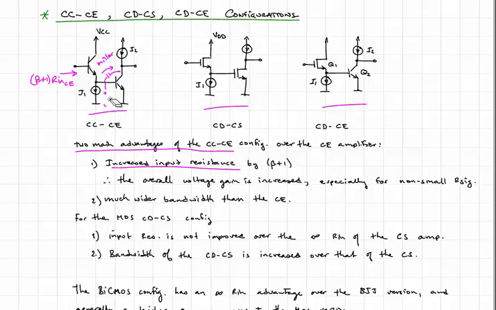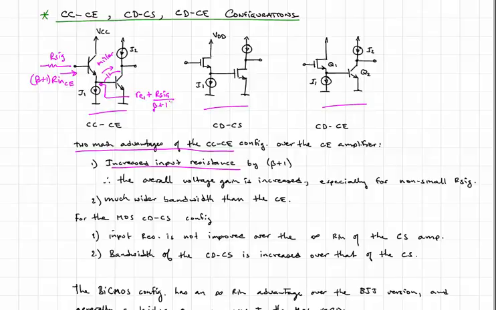If you look back into here, and if we have R_sig over here to a voltage source, the resistance that we'll see is going to be r_e of this transistor 1 plus R_sig divided by beta plus 1.